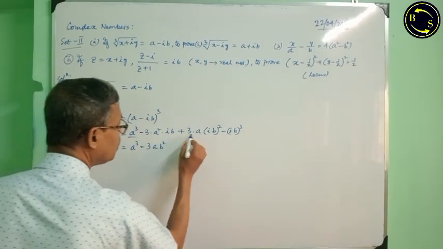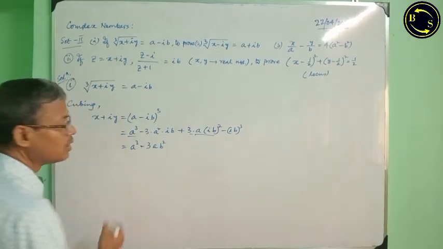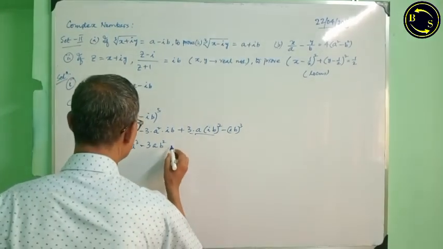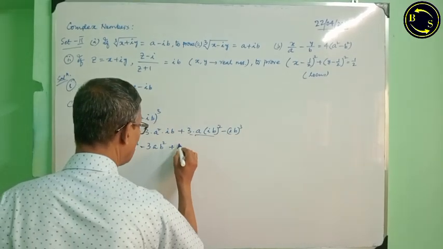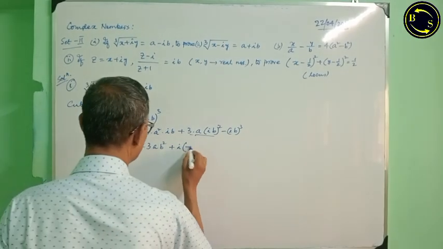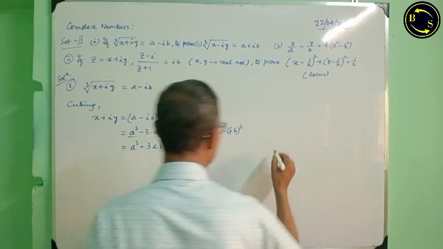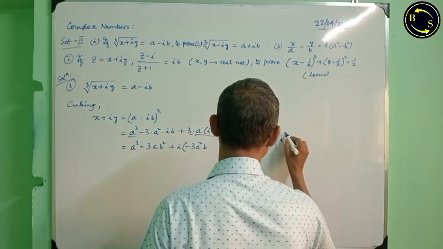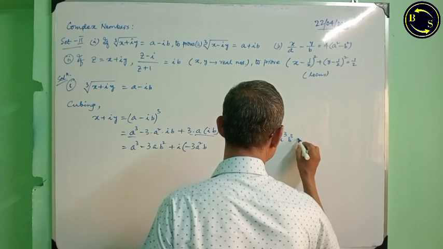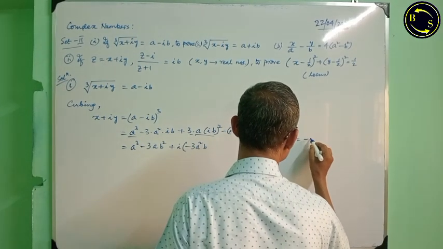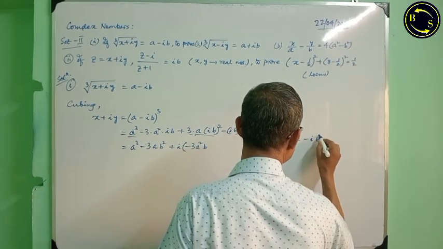Since these two will be real, we take them together, plus i into minus 3a square b, and i cube b cube means minus i b cube.